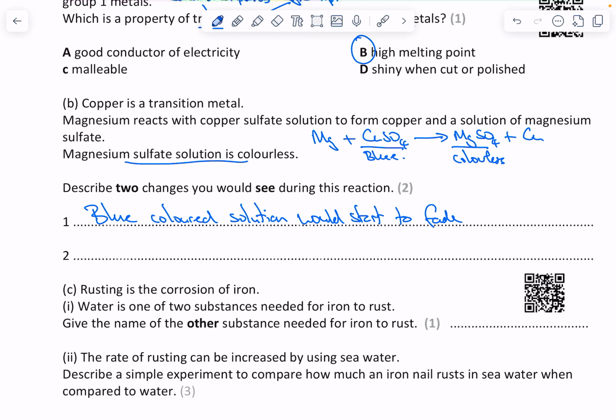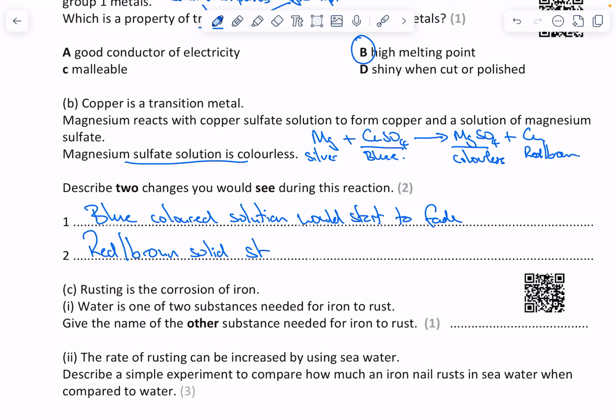And the other thing we'd see, this is a silver coloured metal, but this here is a red brown metal, and that would start to form. So we'd get this red brown solid starting to form. Okay, right.